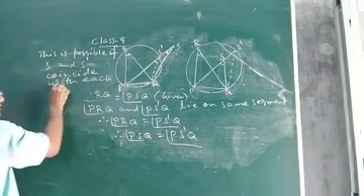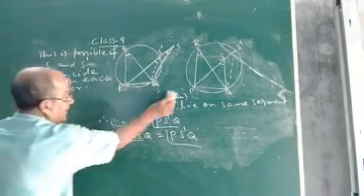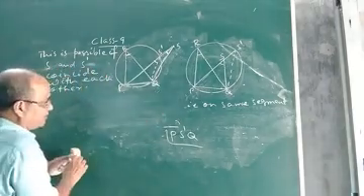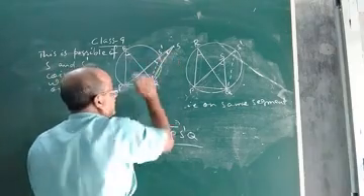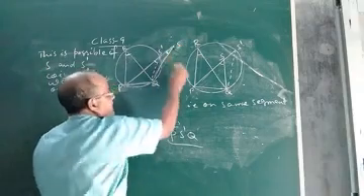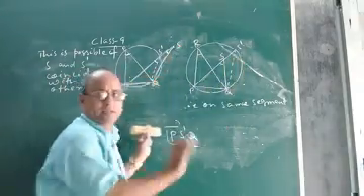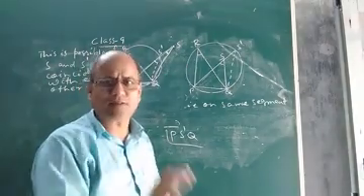What does it mean again? If points S and S' coincide, this angle will be equal to this angle. PSQ and PS'Q will be equal if and only if point S and S' coincide with each other in both the figures. And if they coincide, what does it mean? They become the same point.